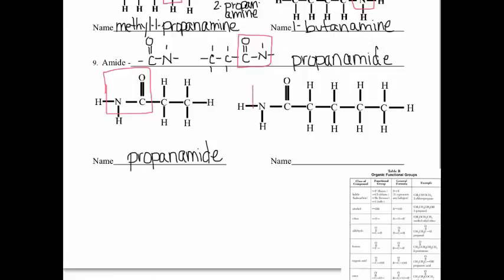We have our C double bond O attached to the nitrogen, so it's an amide. We're going to count our carbons, 1, 2, 3, 4, 5, which would be pentane. So we name pentane, drop the E, add amide. And that's all there is to it.